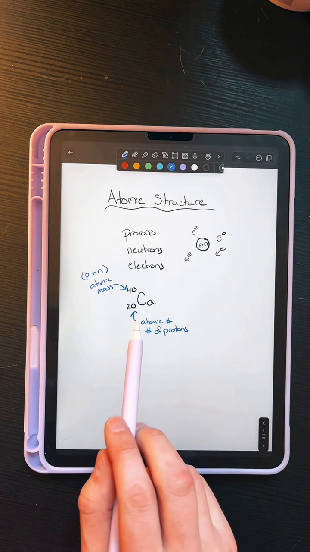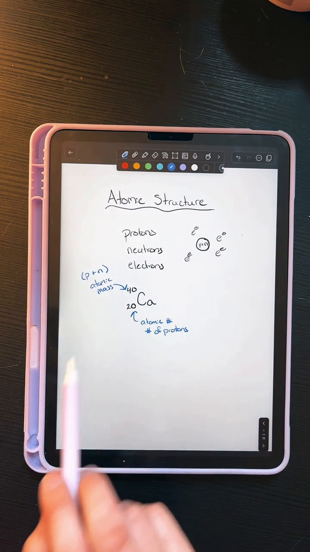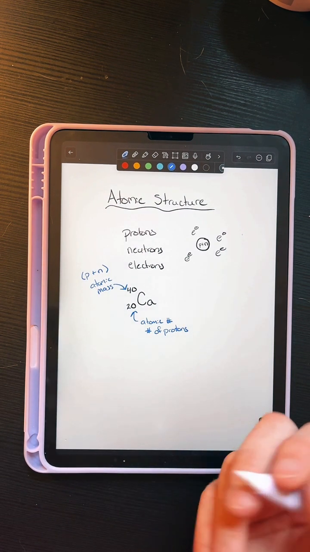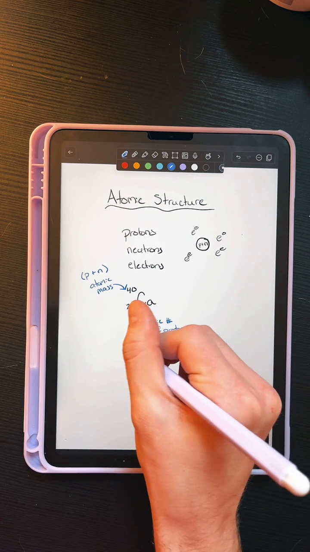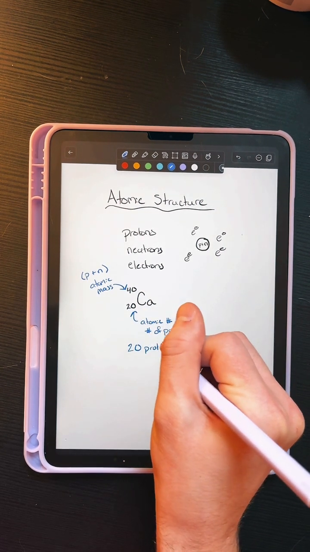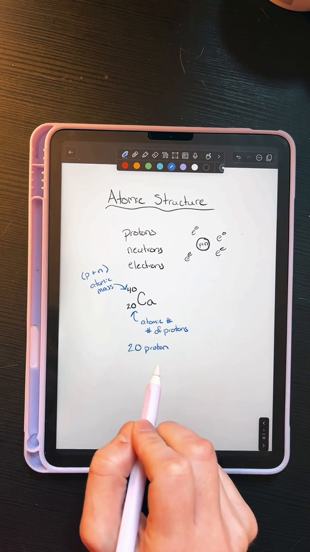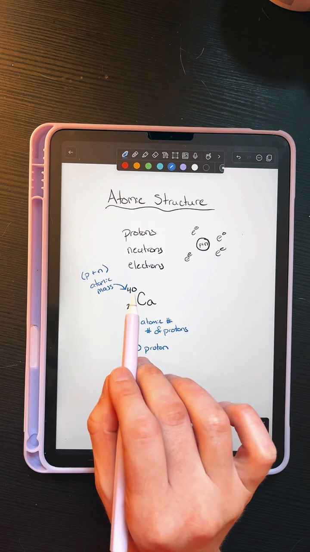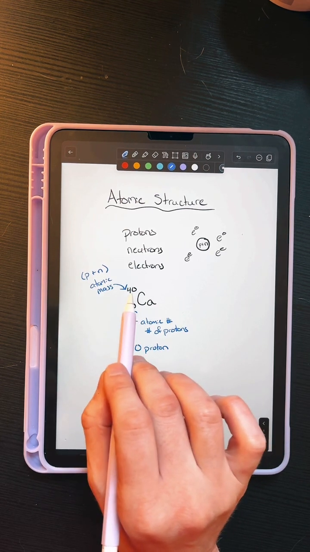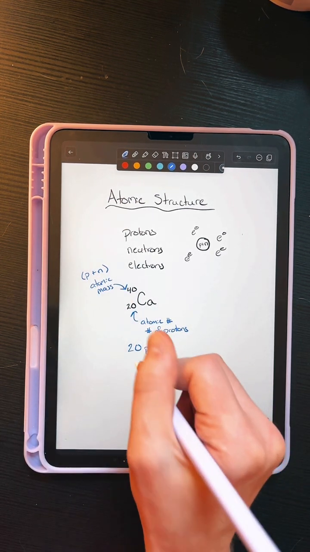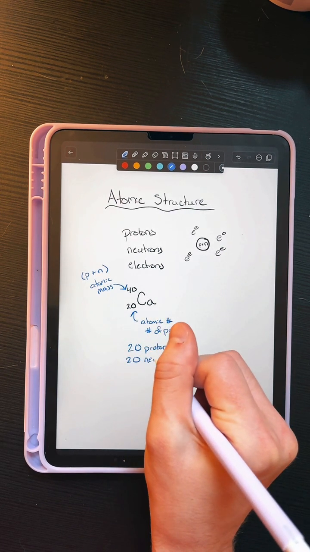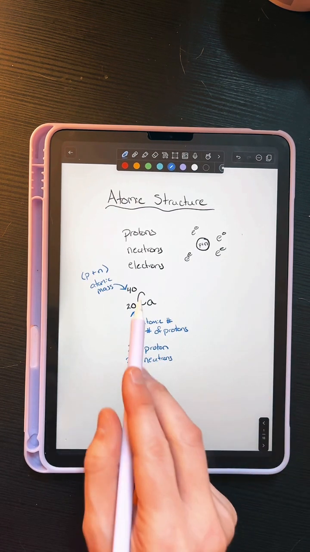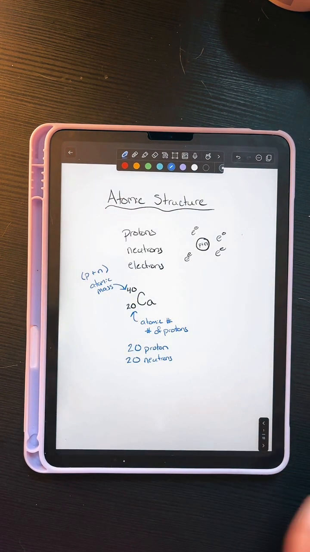If we had an atomic number of 20 and an atomic mass of 40, in calcium we have 20 protons based on that atomic number. And since we know we have 20 protons and our atomic mass is 40, 40 minus 20 gives us 20 for our neutrons, because if we add up our protons and neutrons, we get a total of 40, which is our atomic mass.